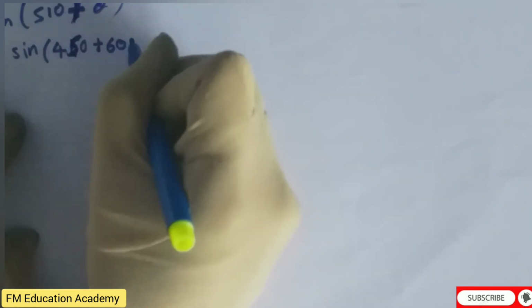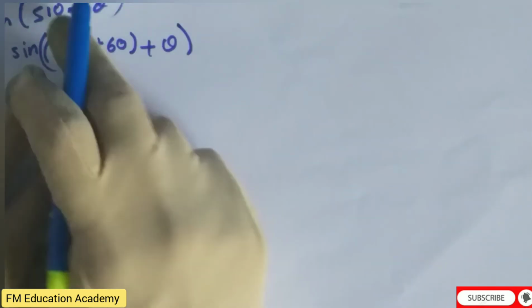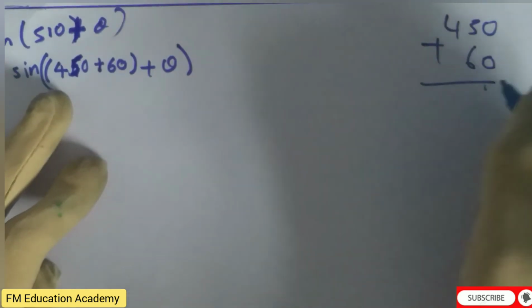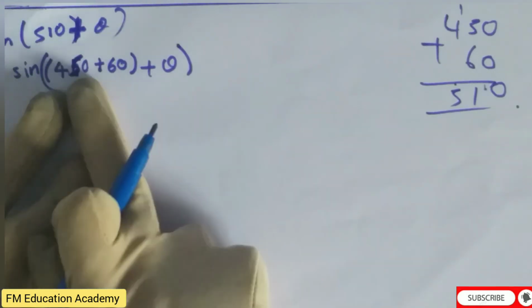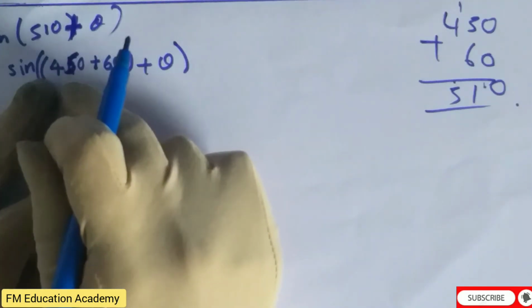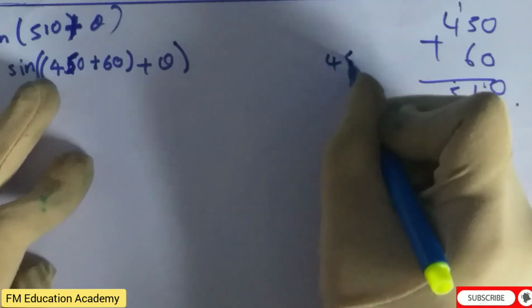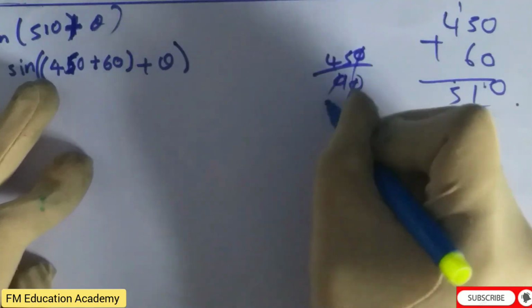450 plus 60 is 510, right? So you can write this 510 as 450 plus 60. Now this 450 can be written as, it will go in 90, right? 9 ones are 9, 9 5s are 45.